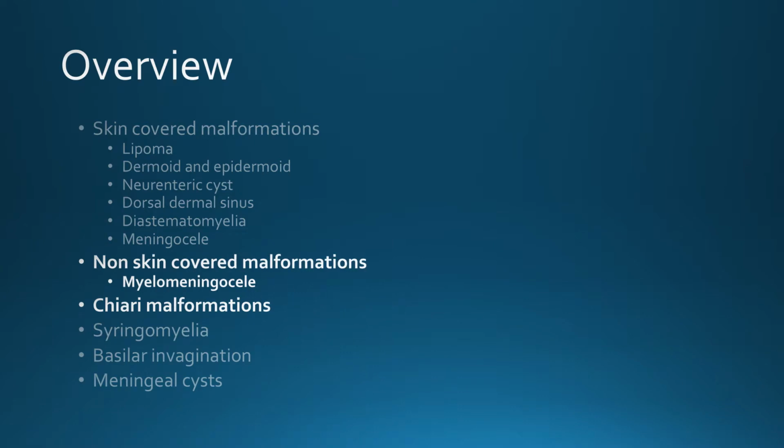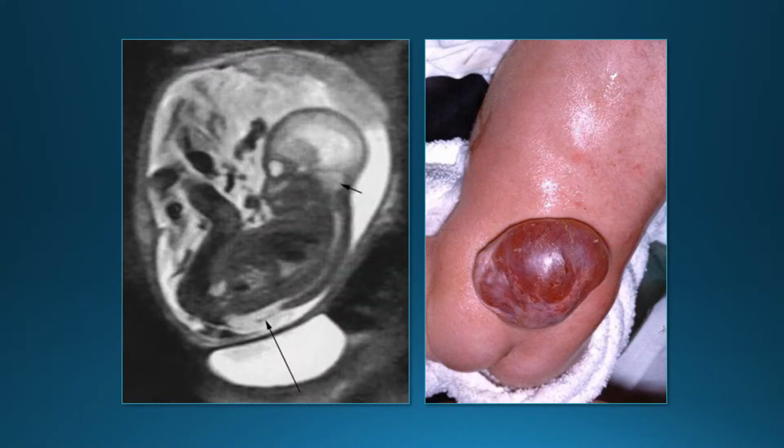So let's now move to the non-skin covered malformations, the myelomeningocele and the Chiari malformations. This is a fetal MRI, and we can see a defect in the lower spine with fluid protruding out.